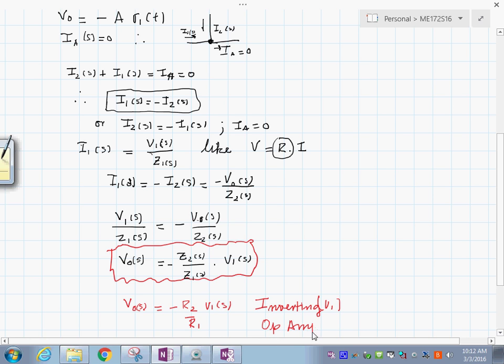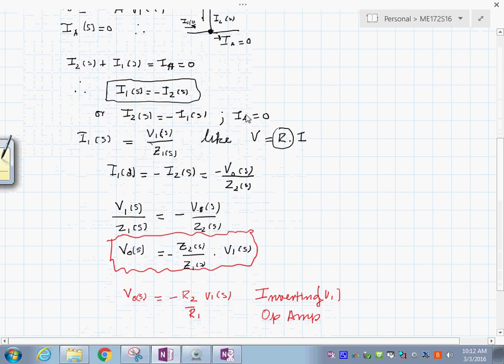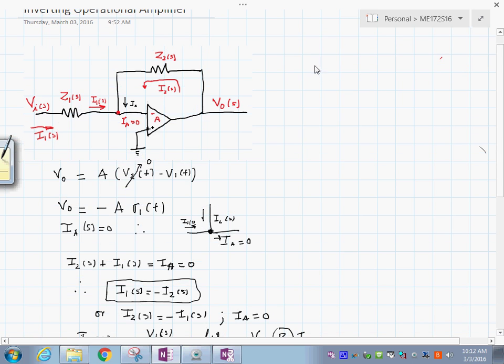So we have accomplished an objective with this. We can combine these circuits in different ways to produce different things, and that is what we will do next, obtaining different operational amplifiers that do other things.